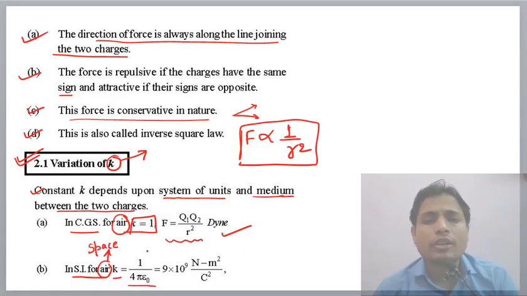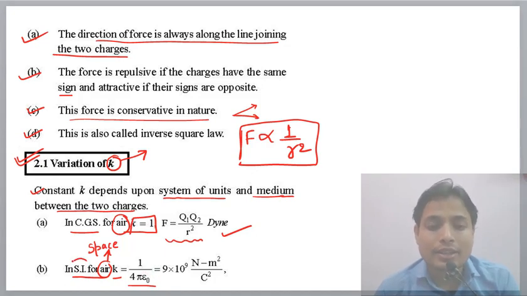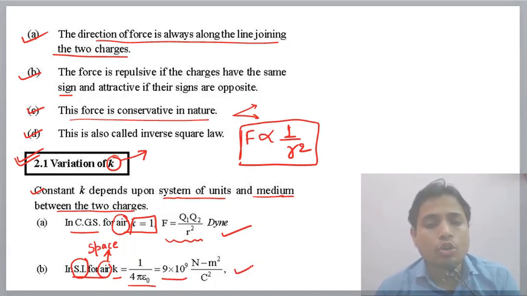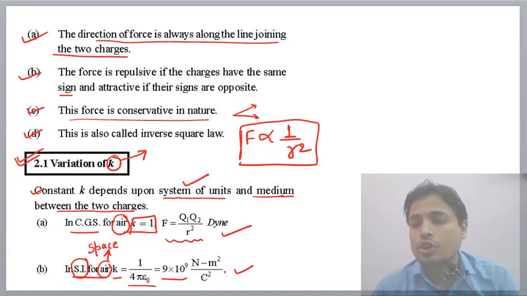Both have the same value. Actually they are very close to each other, that's why we have taken the same value. So K is 1 upon 4 pi epsilon naught in the SI system, and its value is 9 into 10 to the power 9 Newton meter square per Coulomb square. This is the dependency on the system of unit.